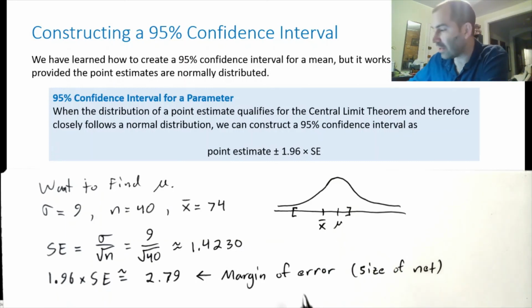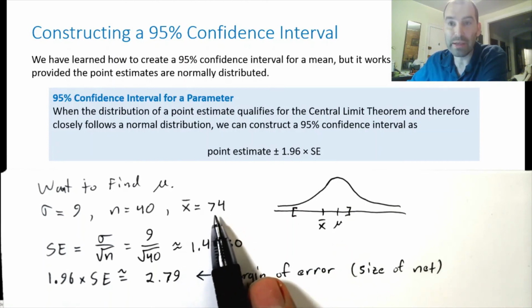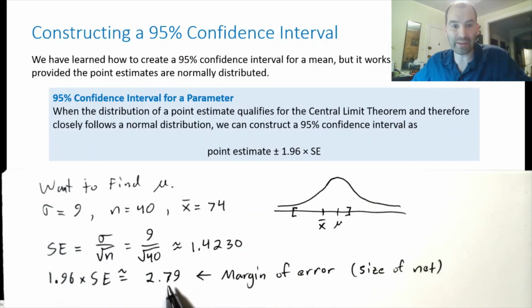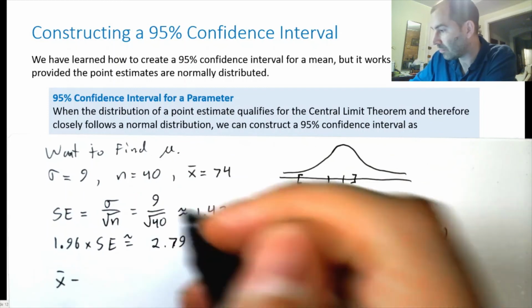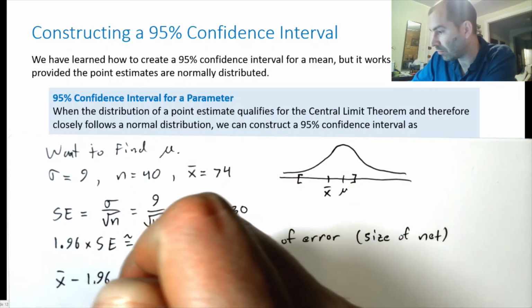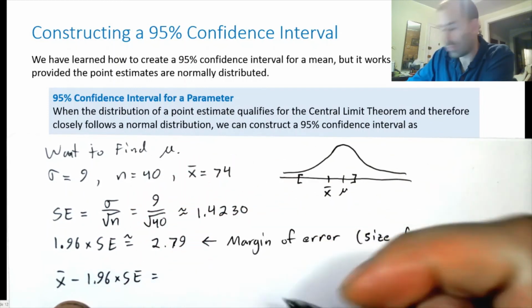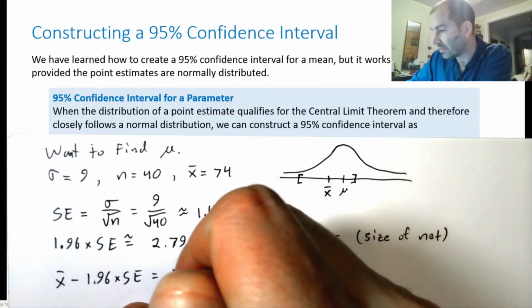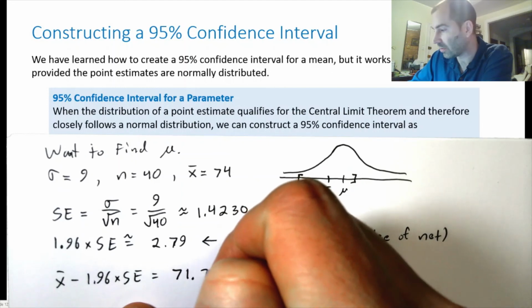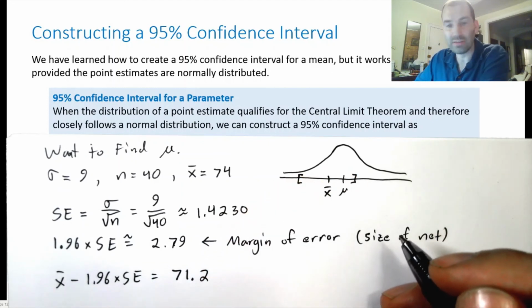So to get the confidence interval, what I'm going to do is add and subtract this from the sample mean. So if I subtract this value from the sample mean, I get 71, let's just round to 1 decimal place, 71.2.